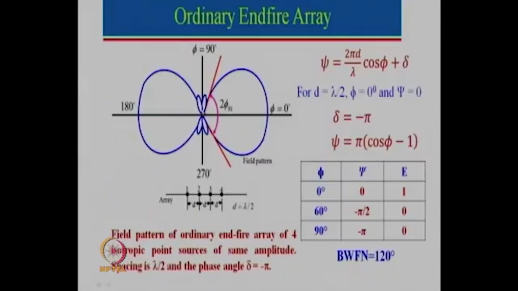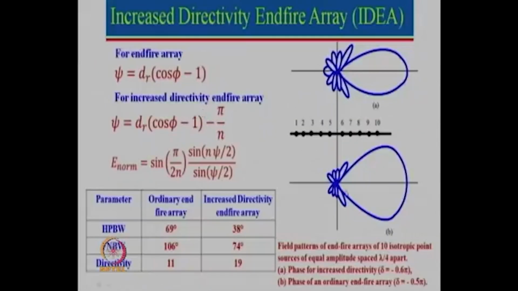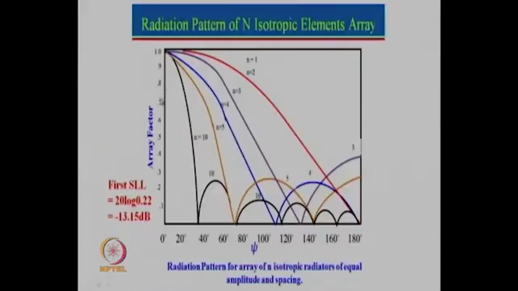So, instead of starting from here, we are now starting from here. If we start from here, you can see that my null will come much faster, and from here, the half power beamwidth will also come very fast.